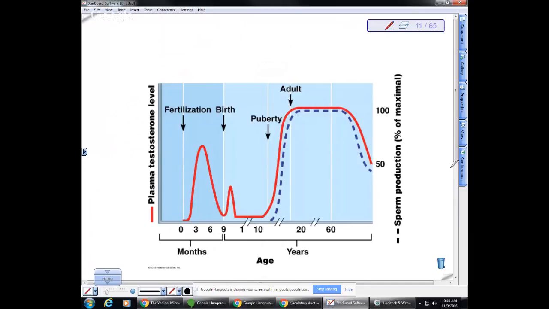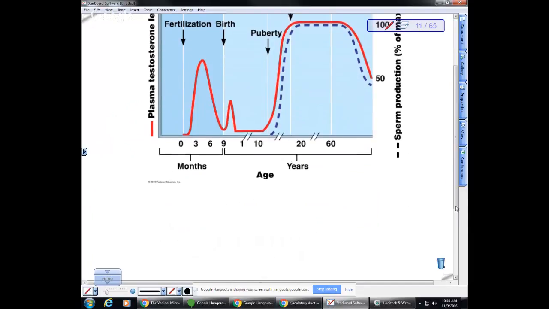So we're going to talk about testosterone, but in the fetus, the testosterone leads to the development of the male genitalia.